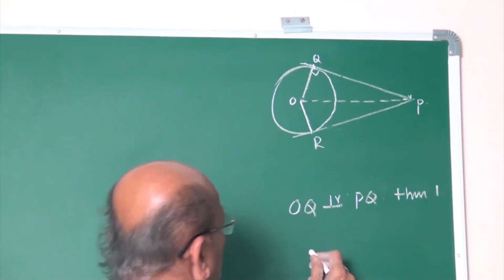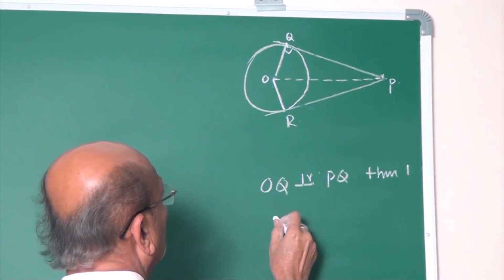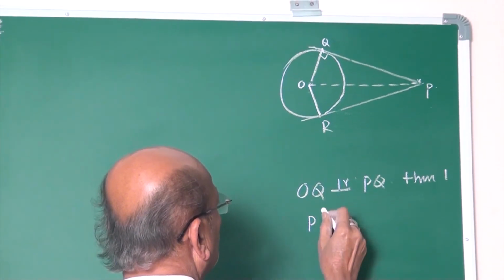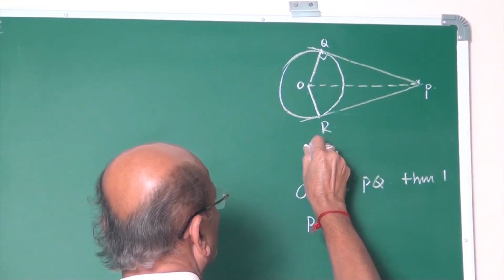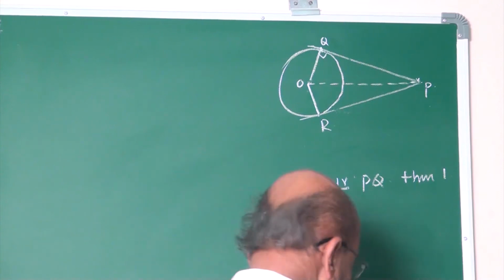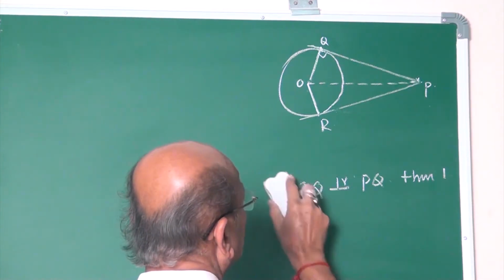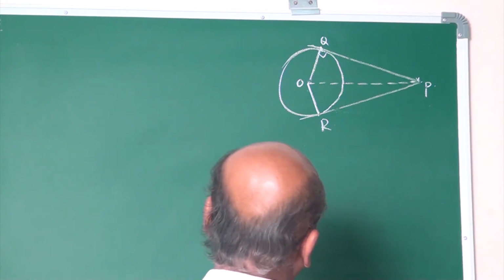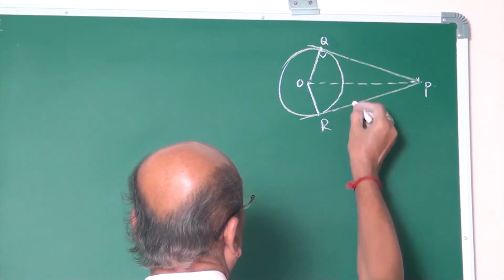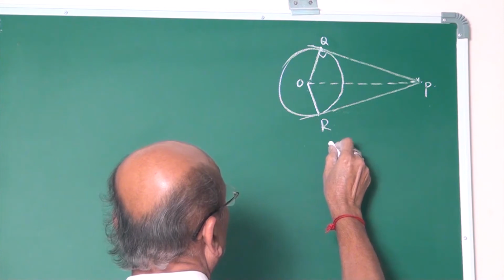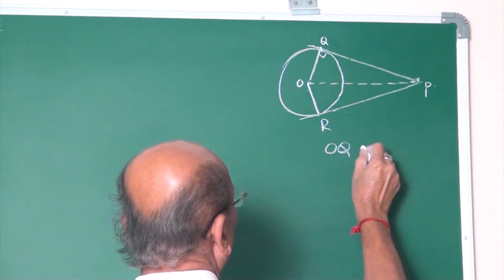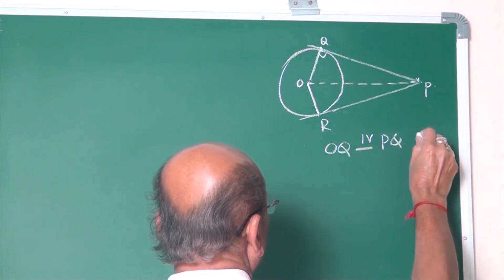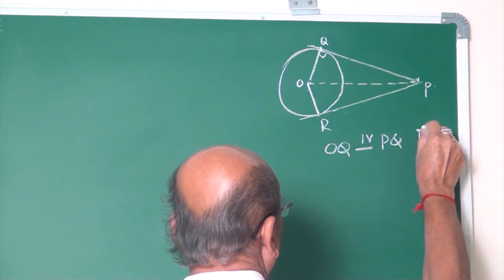In this case, by the second theorem, you have PQ equal to PR. Theorem number 1: OQ perpendicular to PQ.